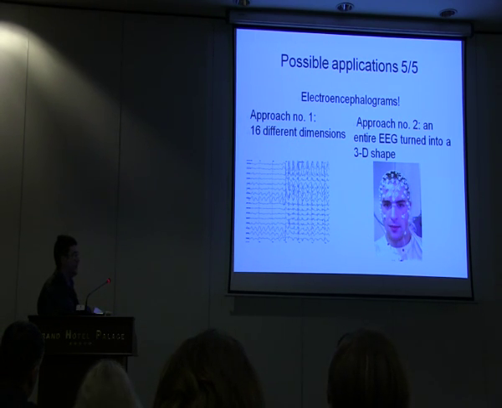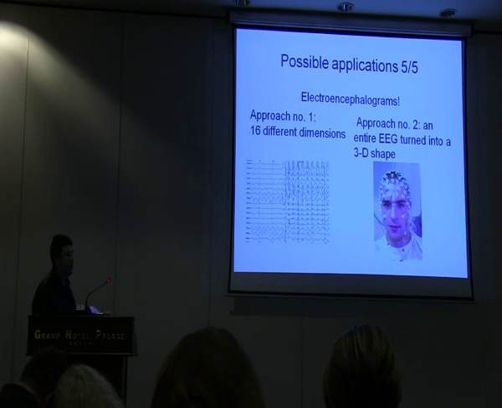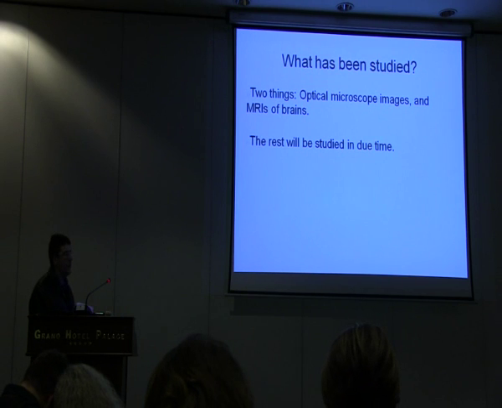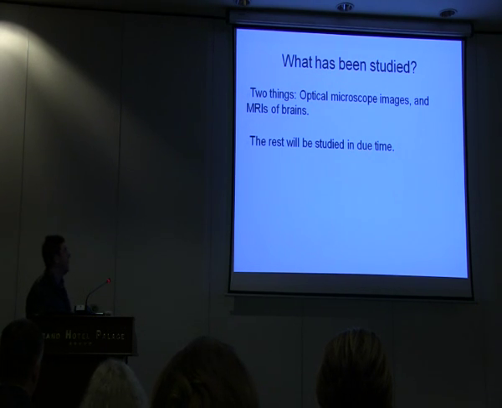Unfortunately, we haven't had time, for the aforementioned reasons, to do experiments in those. The only things we have studied thus far, both in the preliminary stage but both with really promising results, are images of optical microscopes and MRIs of brains.